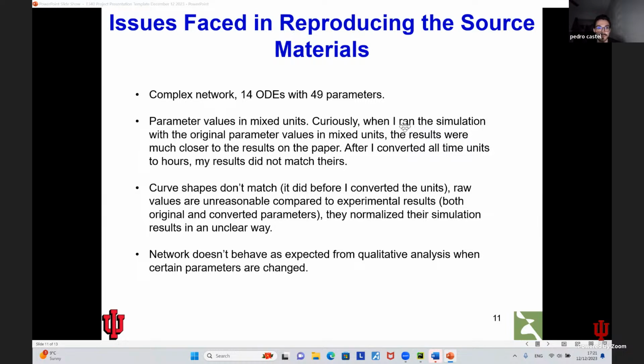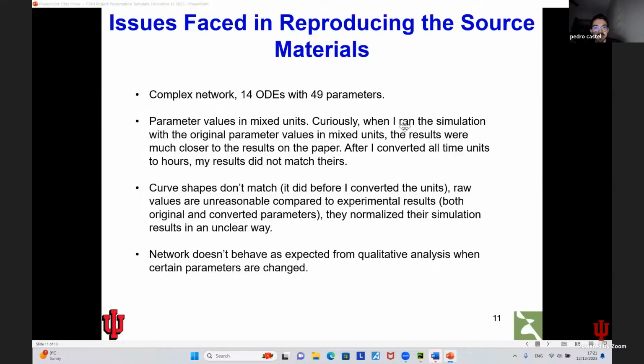The parameters they provided were in mixed units. Of course, it's my mistake for not having detected this issue in the first place, but the curious thing is that with the original parameters without converting, the curve shapes were more similar to the paper's than after converting all the units to the same units.